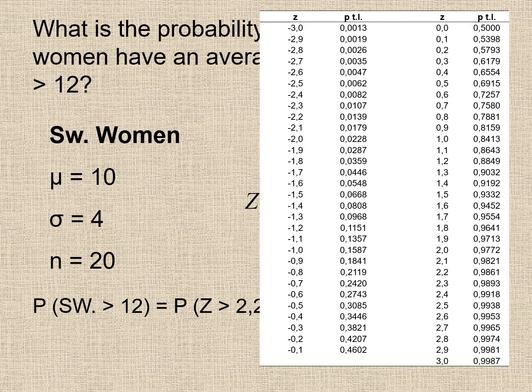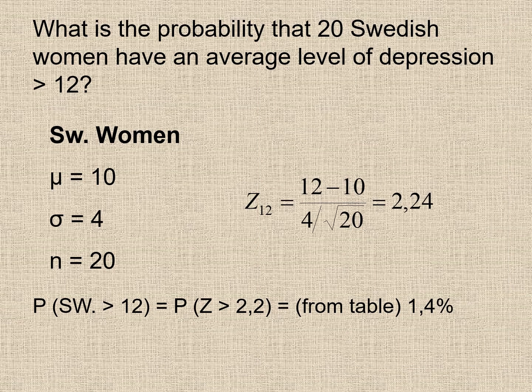And the same amount is above the value plus 2.2. So the answer is, the probability of 20 randomly selected Swedish women having a sample mean on the variable depression that is above 12, that probability we estimate to 1.4%.